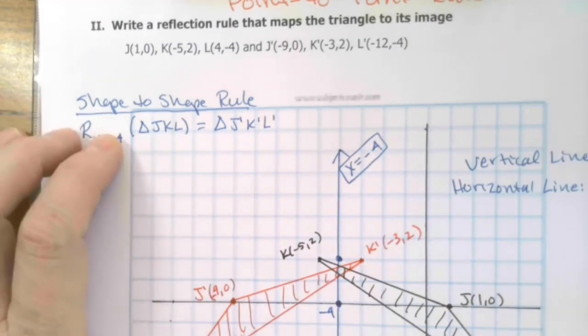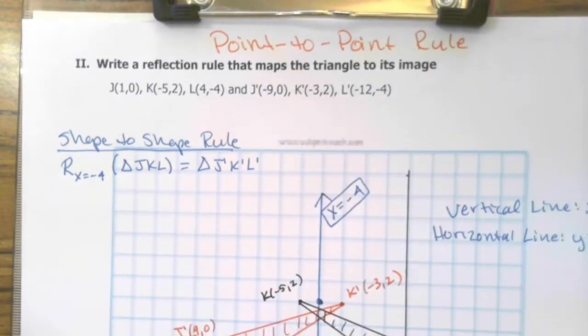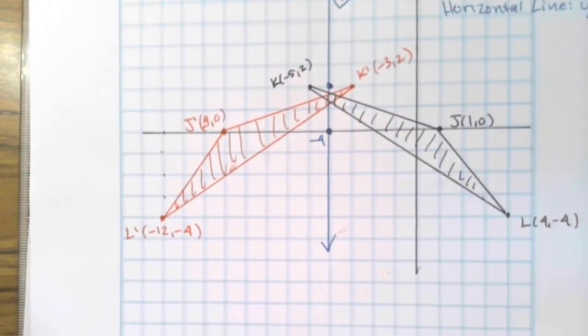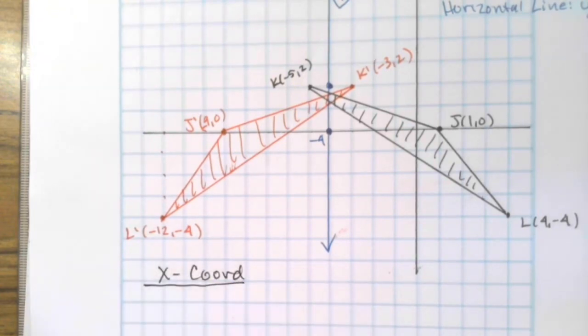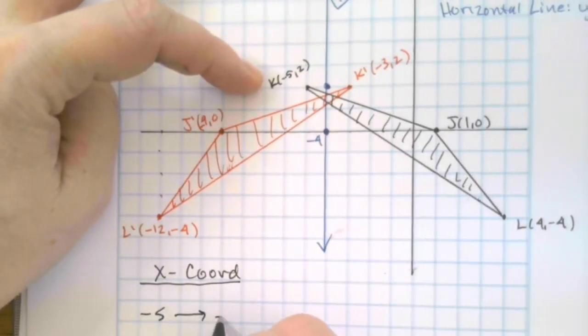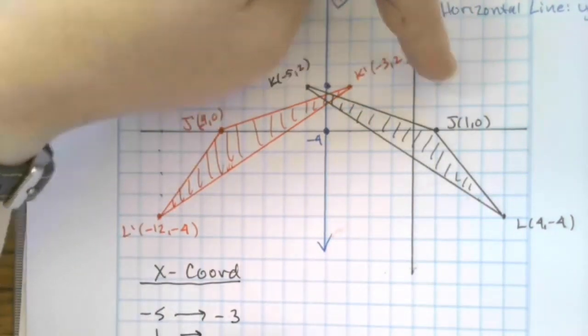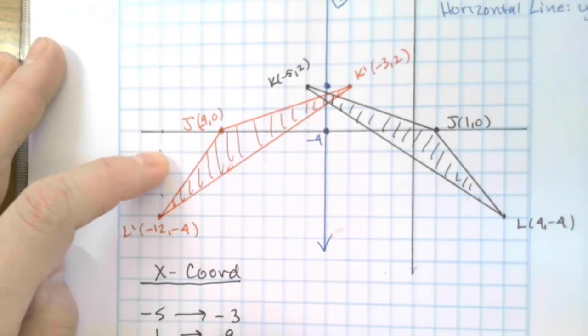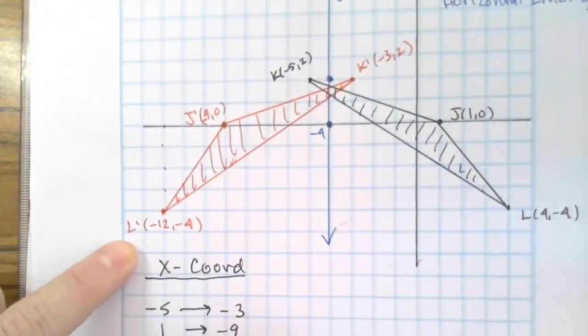Okay, so that's the shape-to-shape rule, but we're also going to learn the point-to-point rule. So what you want to do first is list the coordinates old to new. So if I take the x coordinates from the original points, my -5 became a -3. My 1 became a -9, and my 4 became a -12.